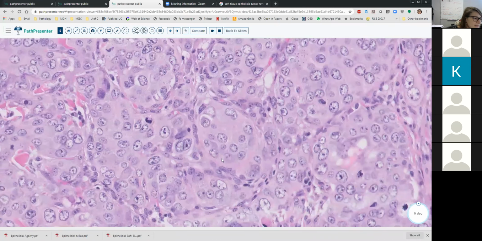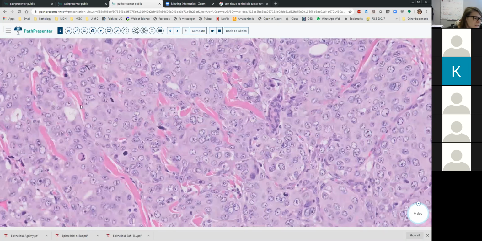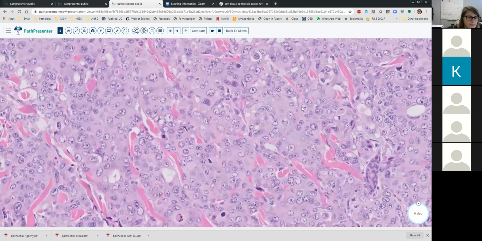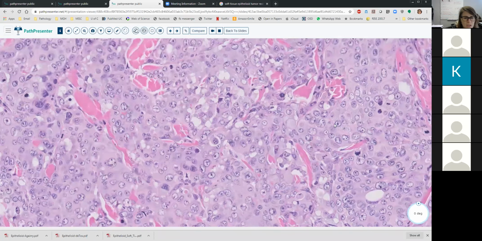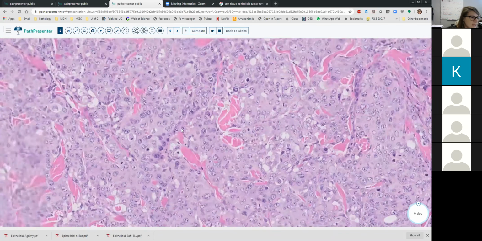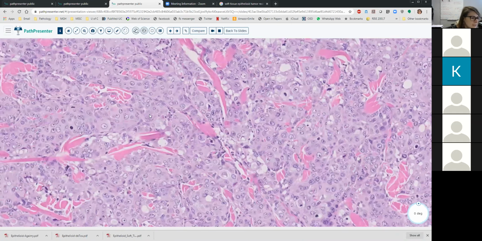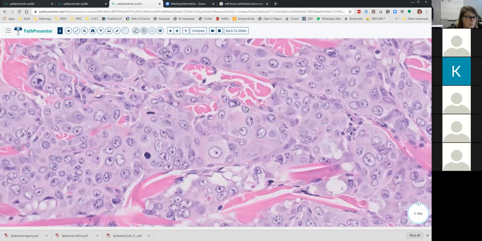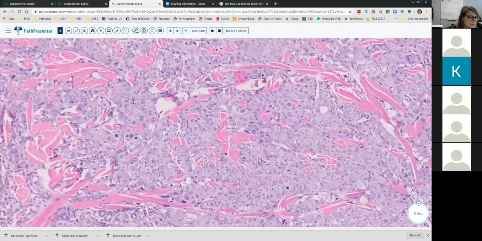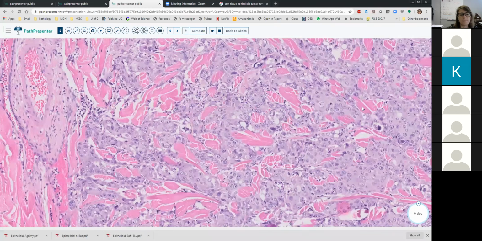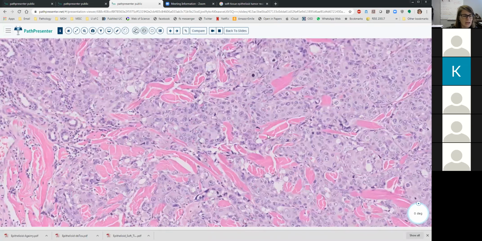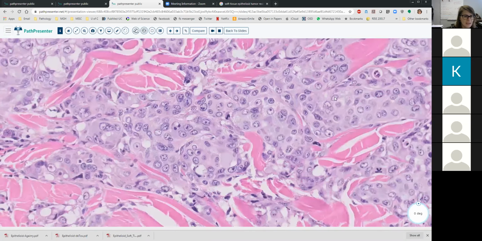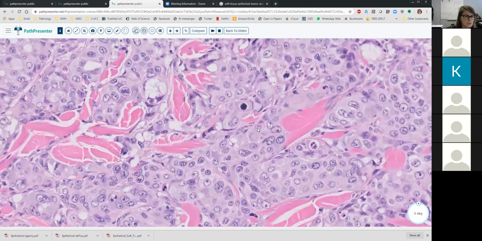So pretty much any cell that has the nucleus pushed off to the periphery in favor of the cytoplasm to occupy the majority of its contents, you want to consider quote unquote rhabdoid. Here's maybe a vague one. But of course, you're going to think about rhabdomyosarcoma and any of your other epithelioid mesenchymal neoplasms, because a lot of these can have rhabdoid so-called morphology.